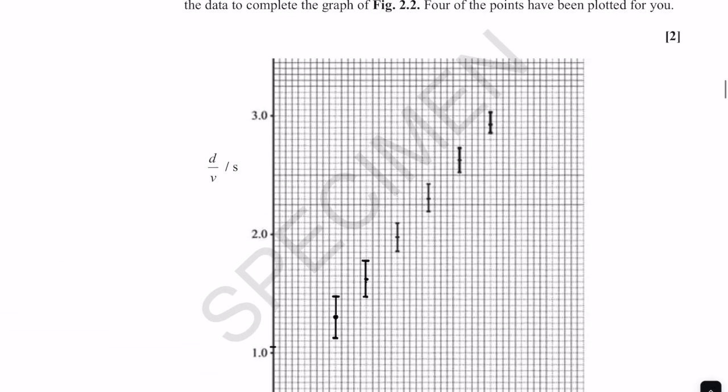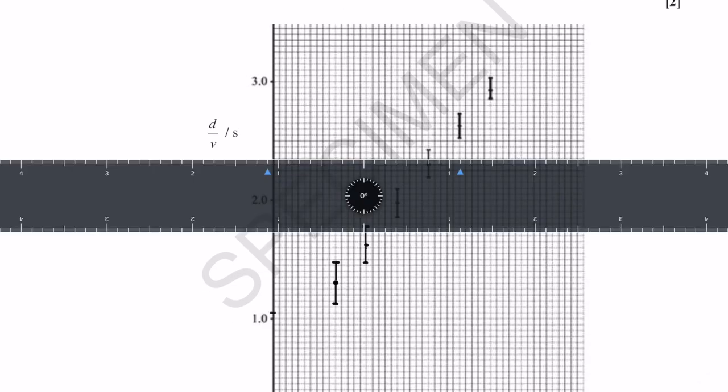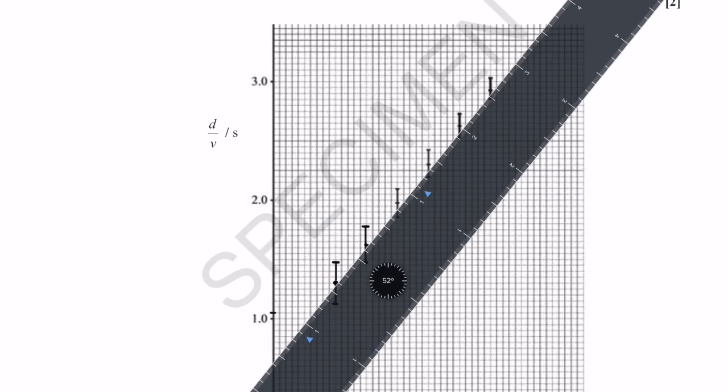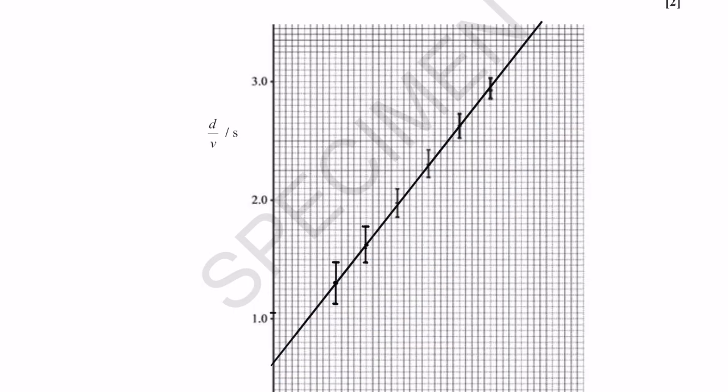So let's go ahead and draw a line of best fit, and I will use my trusted ruler here. I think these points are really good because they pretty much all lie on the line as close as possible. Try to go as close as possible for that. Right, so that's that.